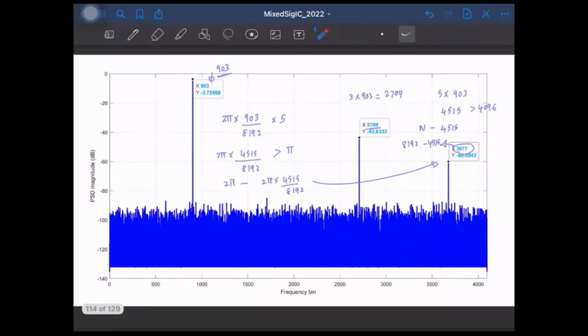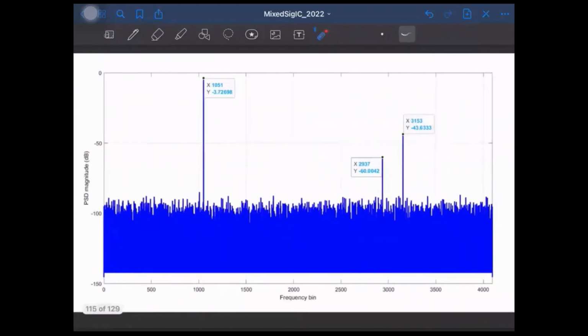Okay. So this shows such an example where the fundamental, that is the frequency of the input sinusoid, is 1051 by 8192 times 2 pi, which means the input occupies this bin 1051, right?